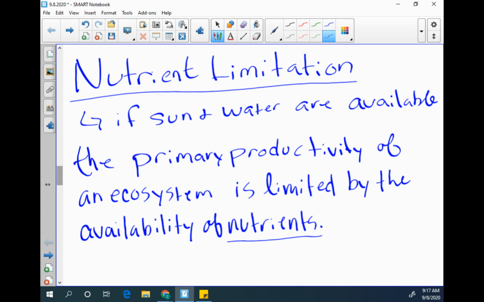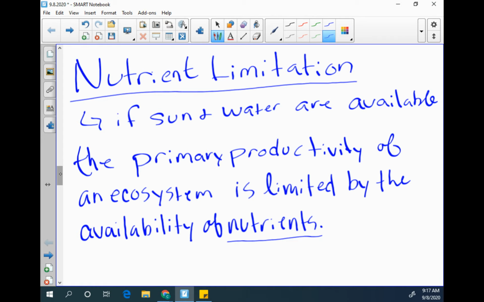All the sunshine, all the water these trees could need. But something happened and all the phosphorus is gone. Those trees can only work at a certain level when we've got that limit on phosphorus.